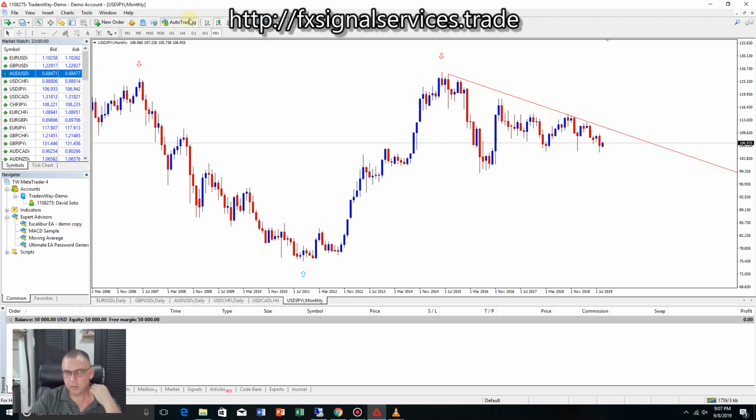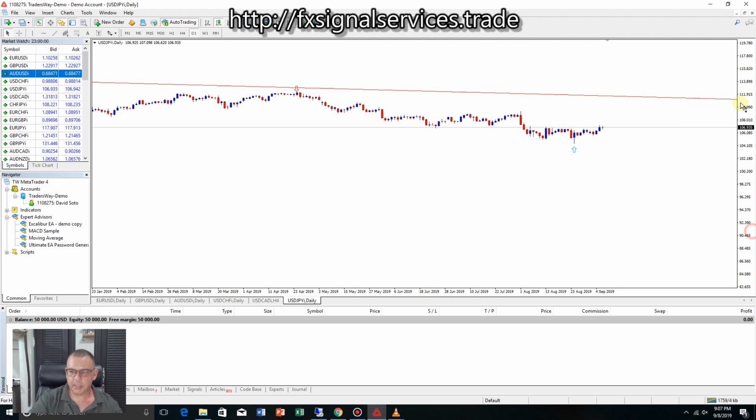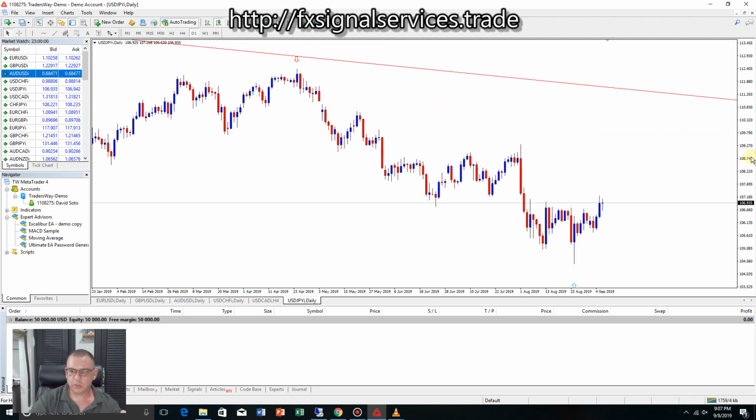But short term, look at the daily chart. Short term, this is going to be going up. If this trend line here is the resistance, then this is going to go up and probably touch this trend line or come very close.